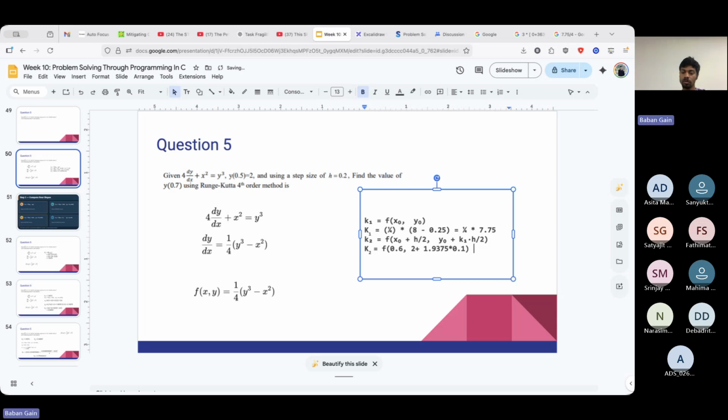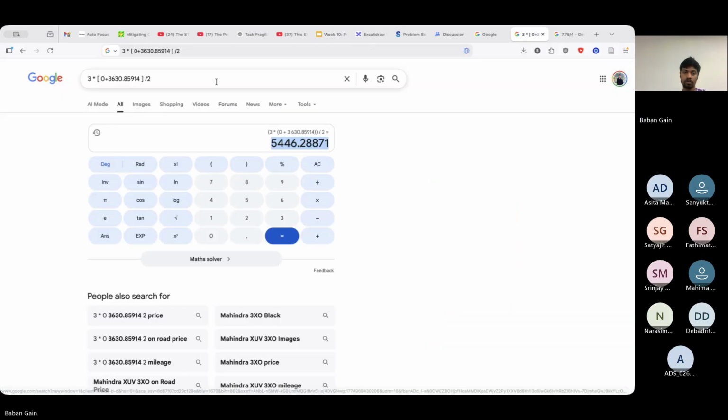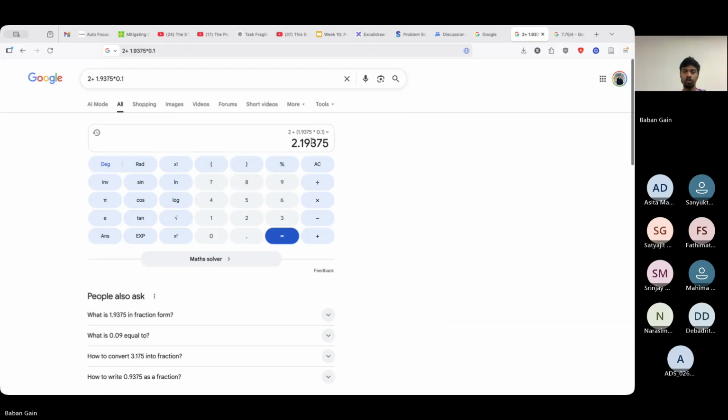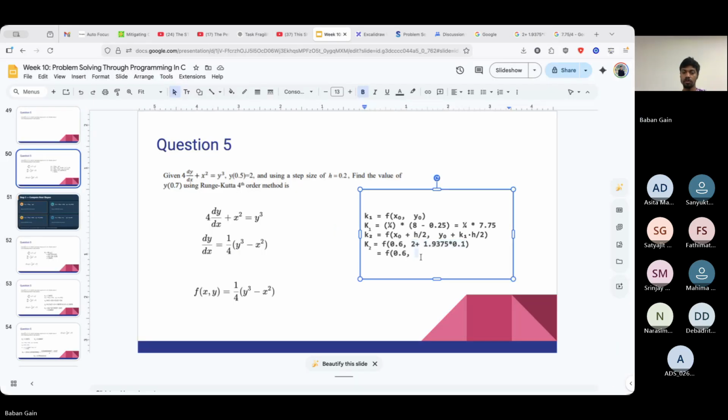So it is equal to again f of 0.6 and, adding, 2.19375. So these are the values of x and y. Okay.